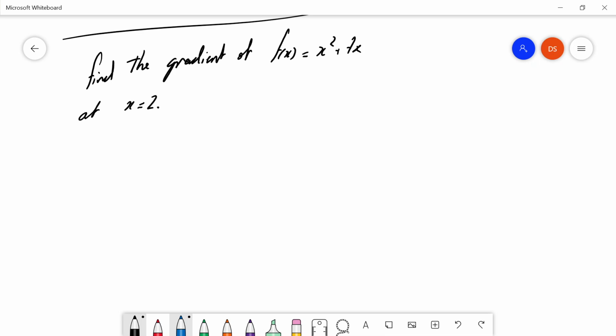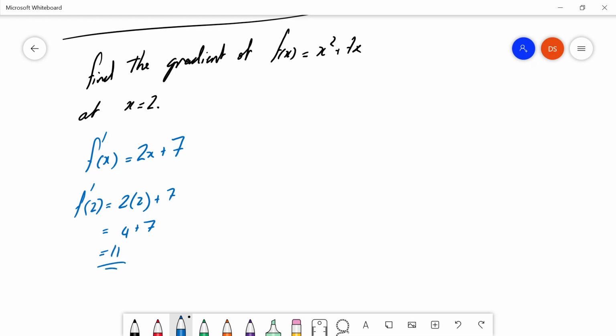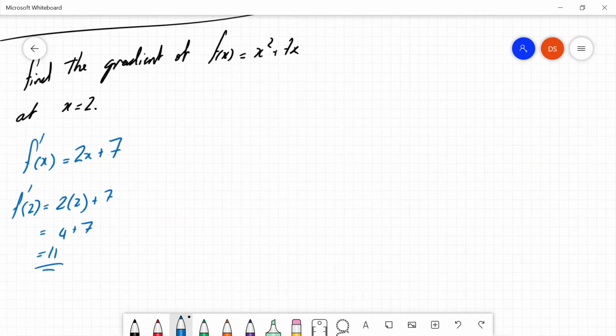All you need to do is differentiate, so multiply by the power, take 1 off the power, multiply by the power, take 1 off the power, and then you just need to plug in 2. And 2 times 2 is 4, plus 7 will give me 11. This is how you find the gradient at a point, right?